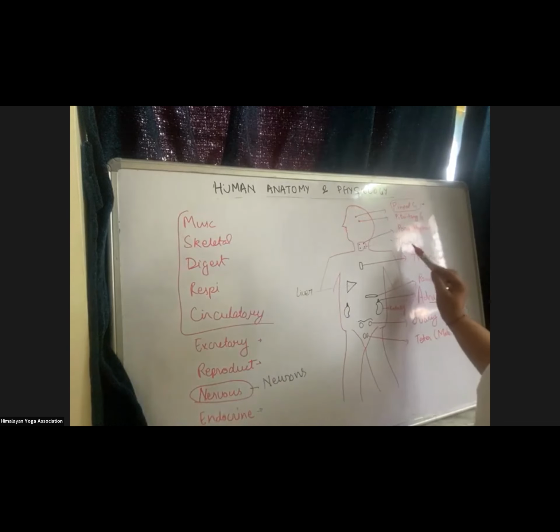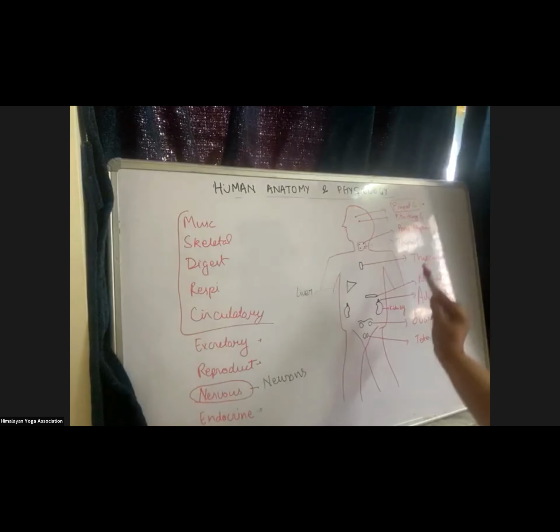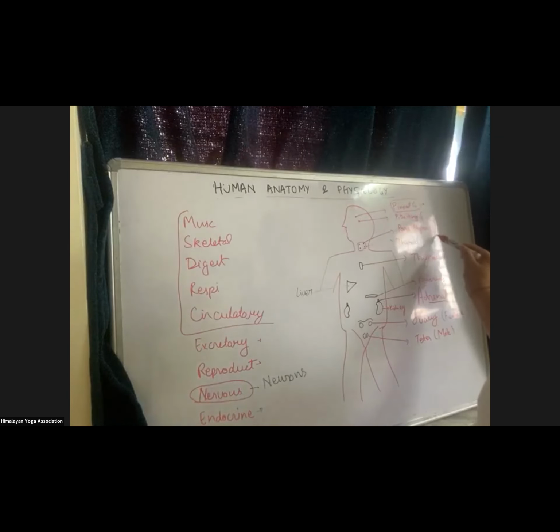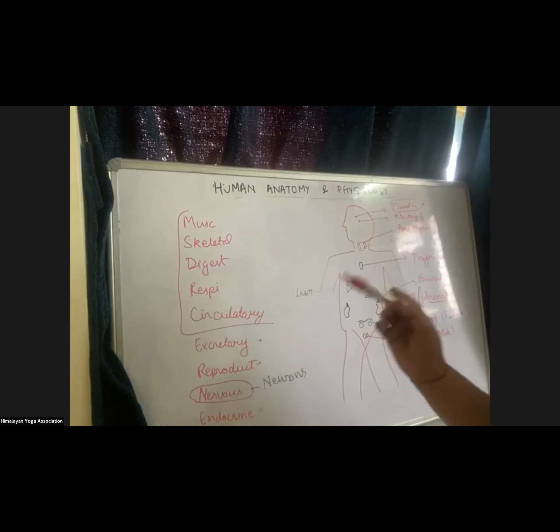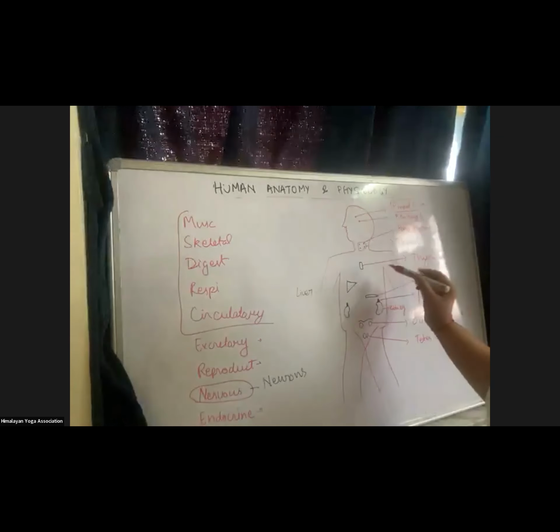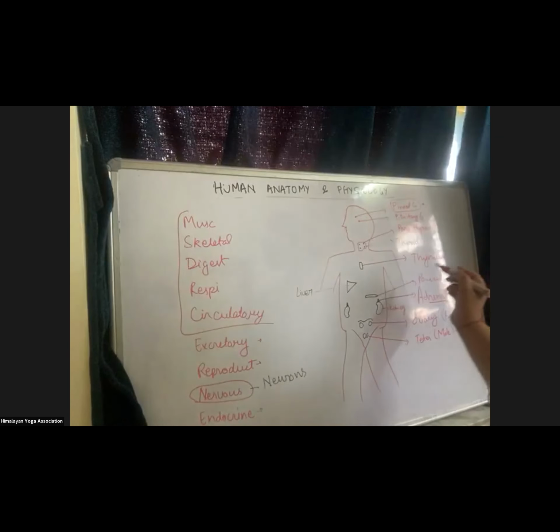Then we have parathyroid and thyroid. These are responsible for the digestive system, for digestion of the food and absorption of nutrients. Then we have thymus. This is responsible for the immunity of the body.